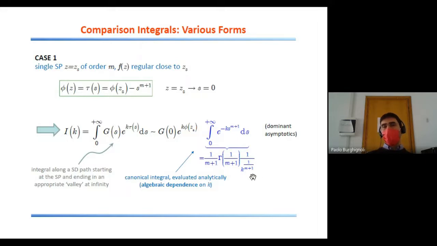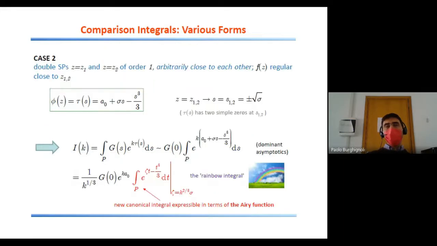So if you have a saddle point of order 1, a simple saddle point, what you get is 1 over k to 1/2. If you have a second order saddle point, you get 1 divided by k to 1/3, and so on. This is the standard situation.